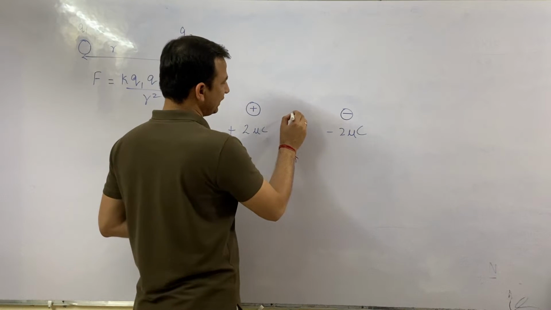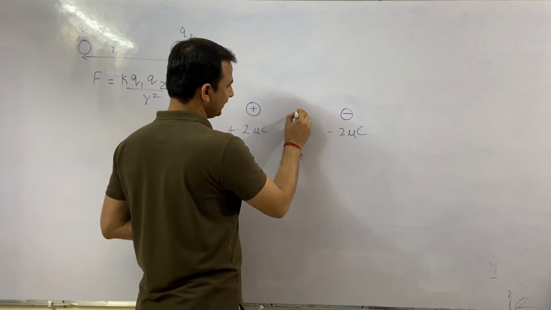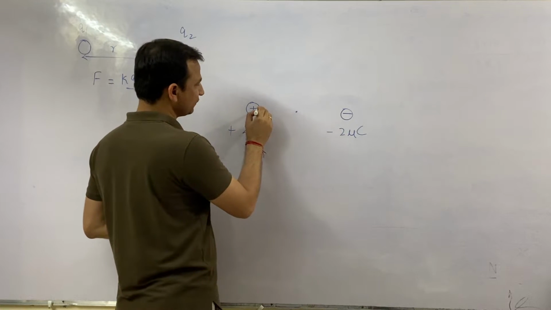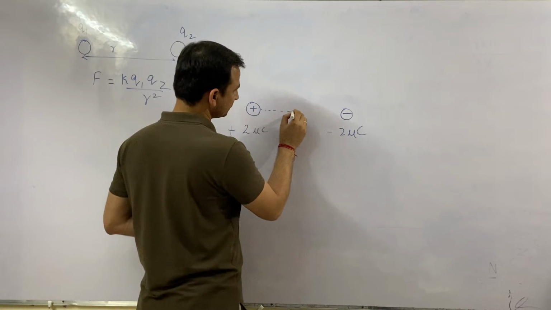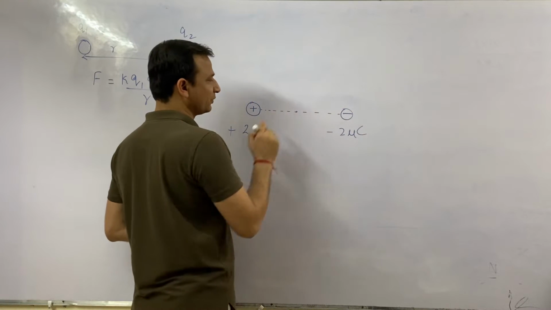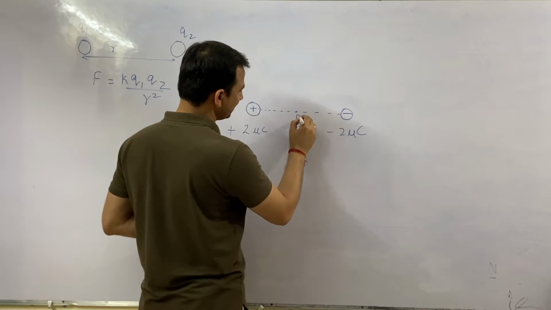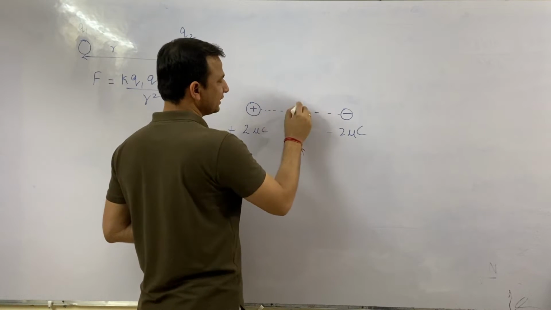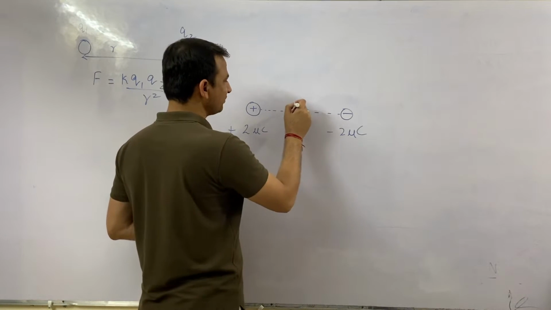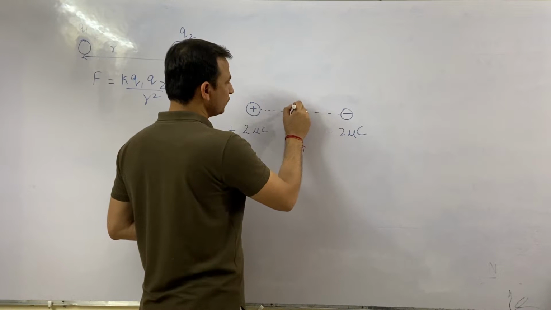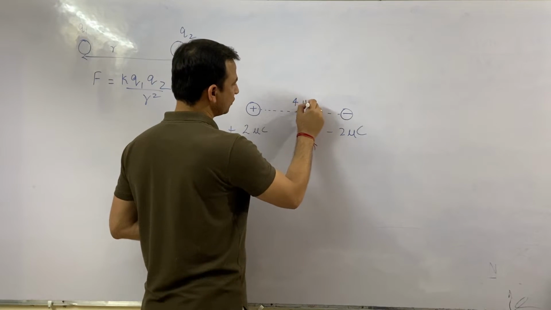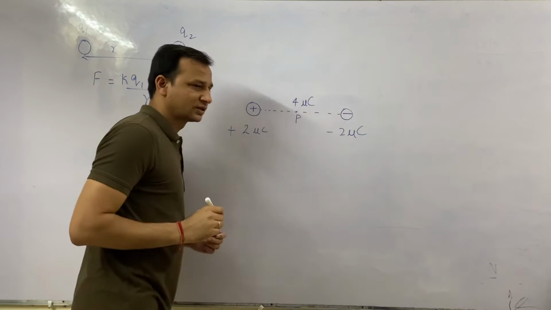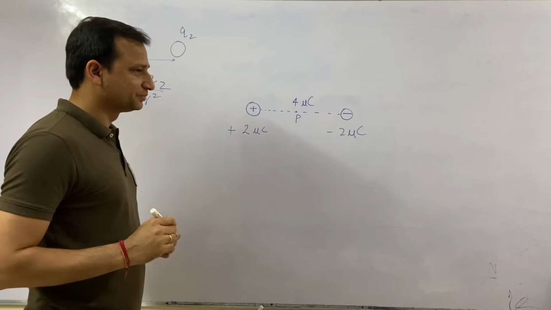If I keep a charge somewhere in between the two charges at the midpoint, let's say this P is the midpoint where a charge is kept, and let's say the magnitude of this charge is 4 microcoulomb.